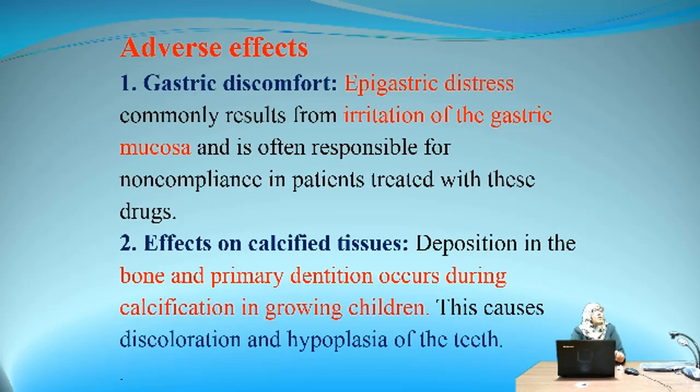Number 2, effect on calcified tissues. Due to deposition of tetracycline in bone and primary dentition, this occurs during calcification in growing children. This causes discoloration and hypoplasia of the teeth.